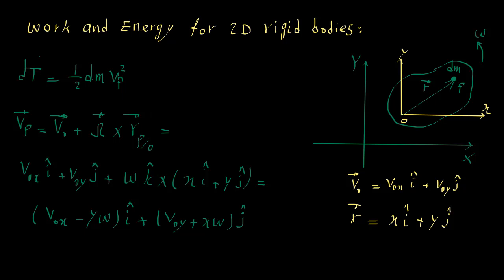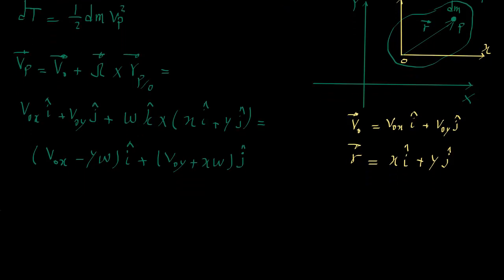So the magnitude of Vp, when we say Vp squared, this is what we mean here. Vp squared is basically the magnitude of the velocity vector at point P squared.